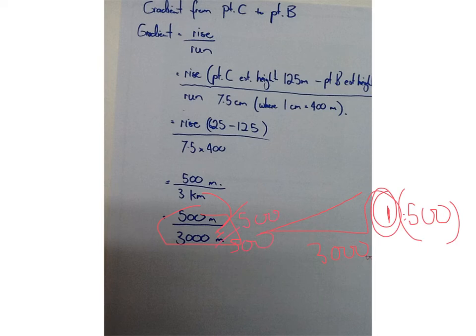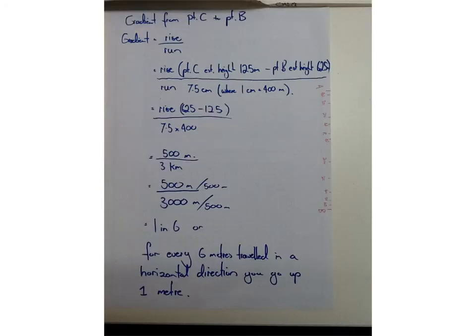So you can see here, that's exactly what I've done, and that gives us an answer of 1 in 6, or if it was a ratio, 1 to 6, but basically what it means is that for every 6 metres that we travel in a horizontal direction, we go up by 1 metre.